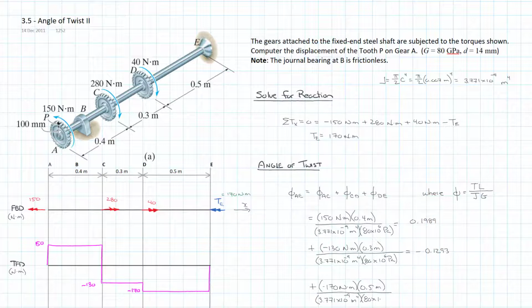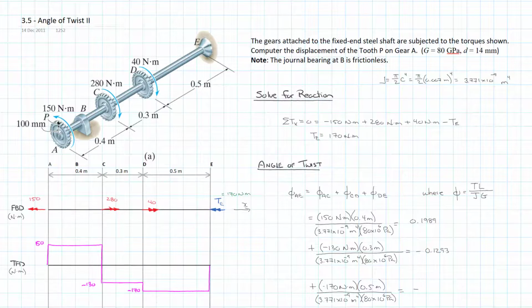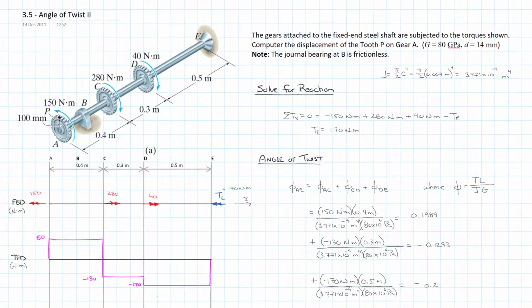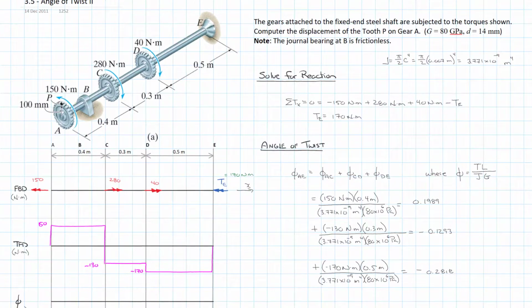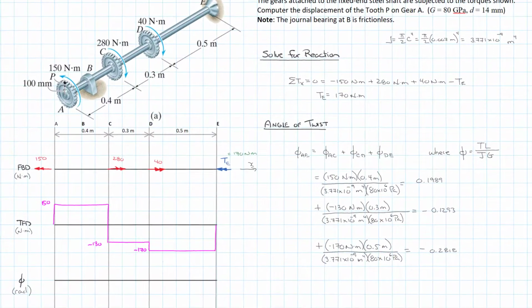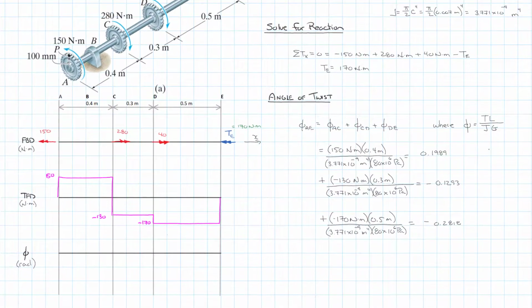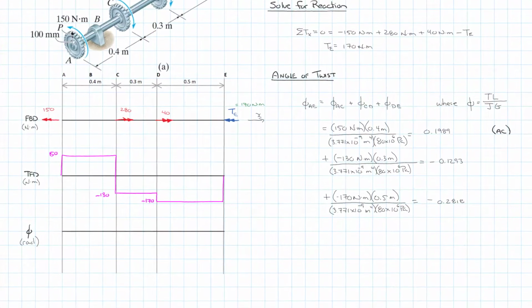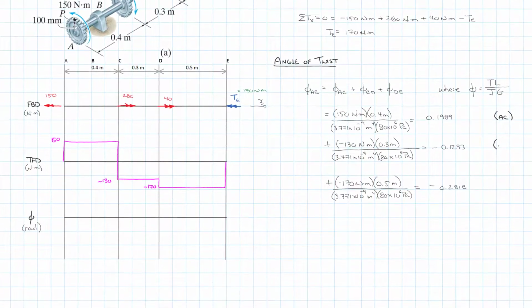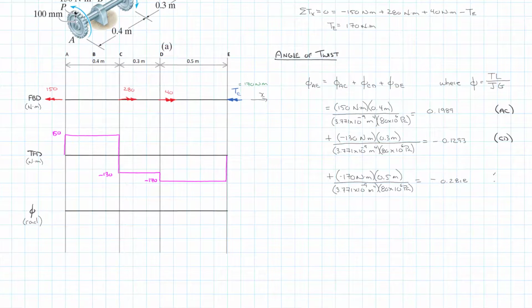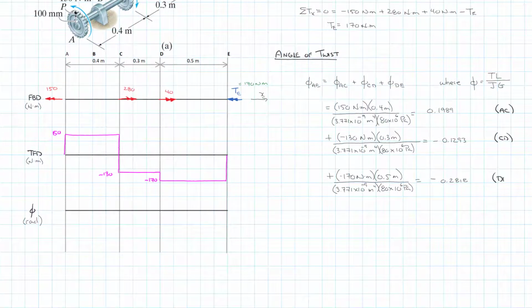No surprises there. And we get an angle of twist between D and E of 0.2818 radians. And I'm just going to label these: that's AC, that's CD, and that is DE.